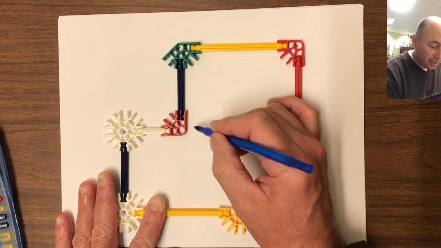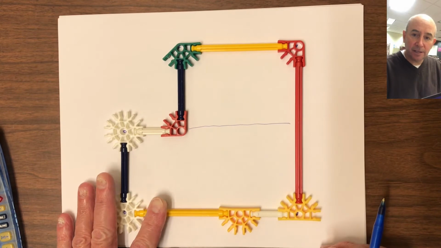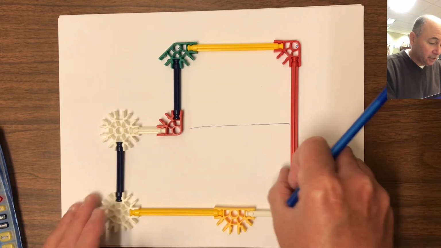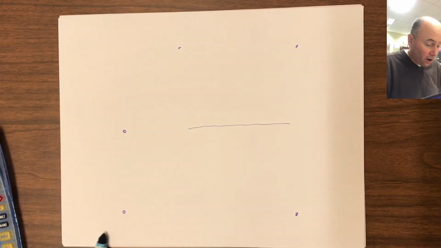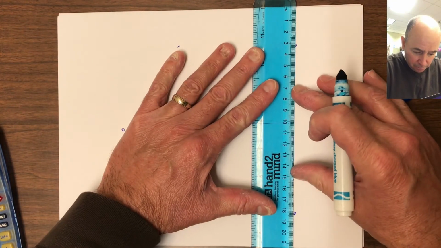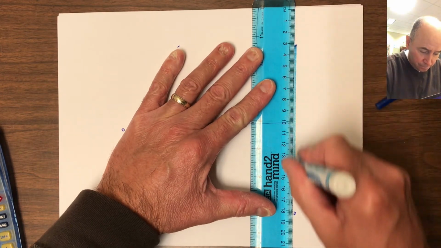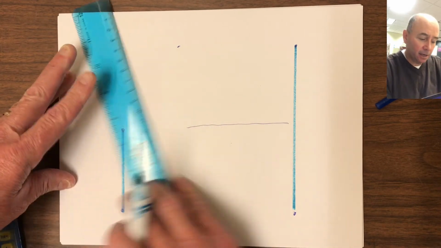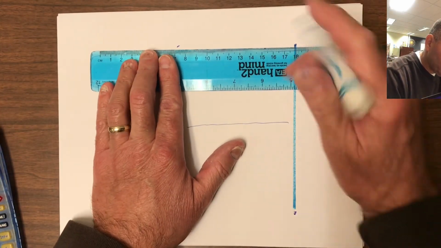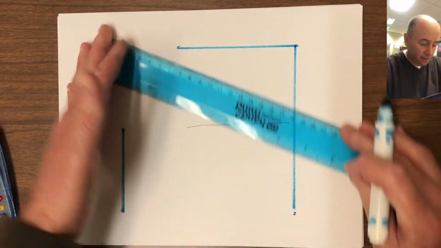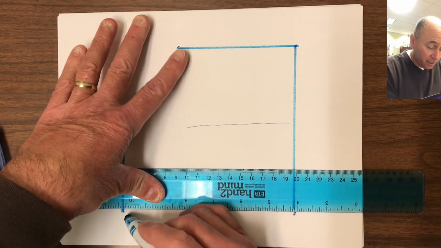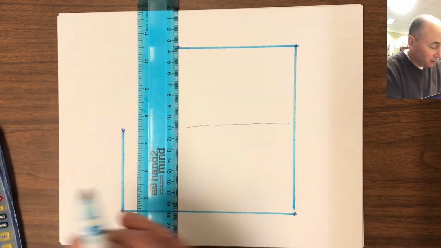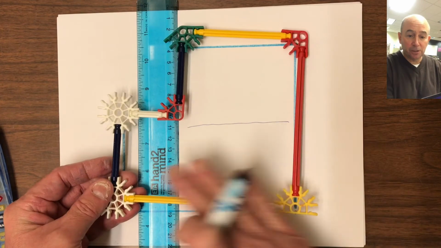Then I can imagine that this is decomposed into a rectangle and another rectangle. So you can draw that shape and decompose it and come up with your area. You can still measure and just take the measurements right off of this.